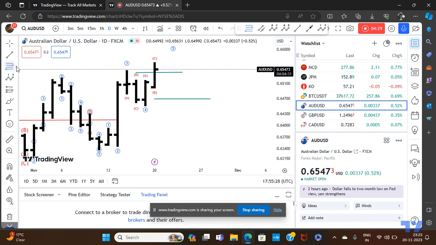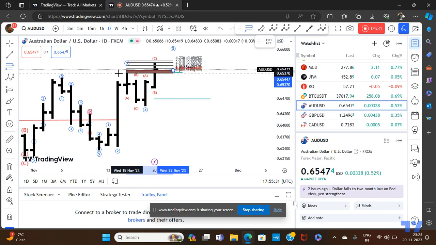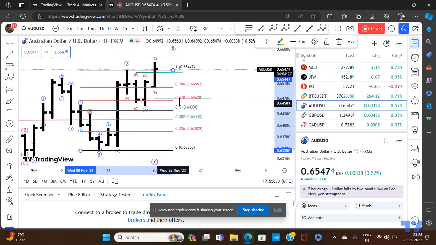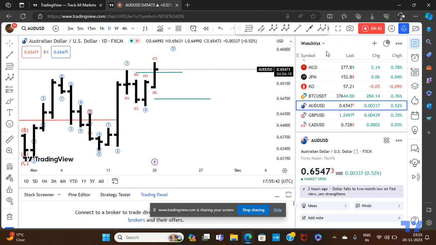So if I take this, see, this is 38% and it is more than that. So ideally, if somebody is going by Fibonacci ratios, then fourth wave is up. Though the waves are not very clear, I can say that fourth wave is up, and we are in the fifth wave. So this can be like this.